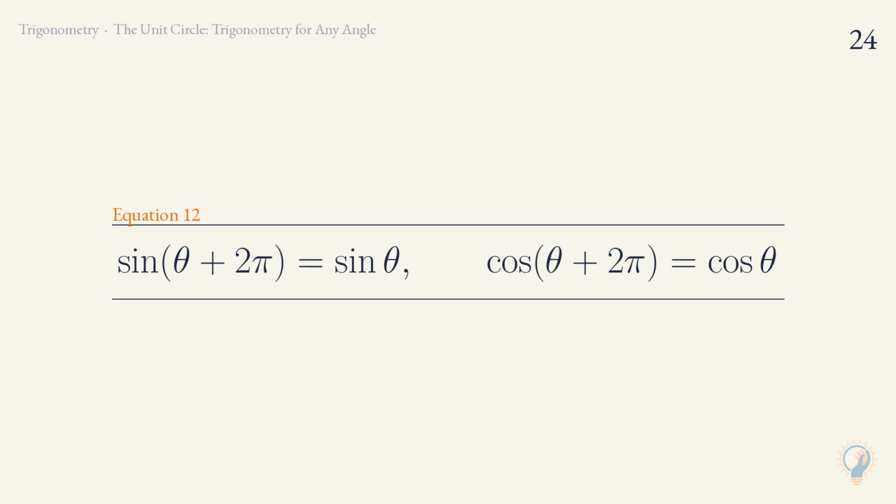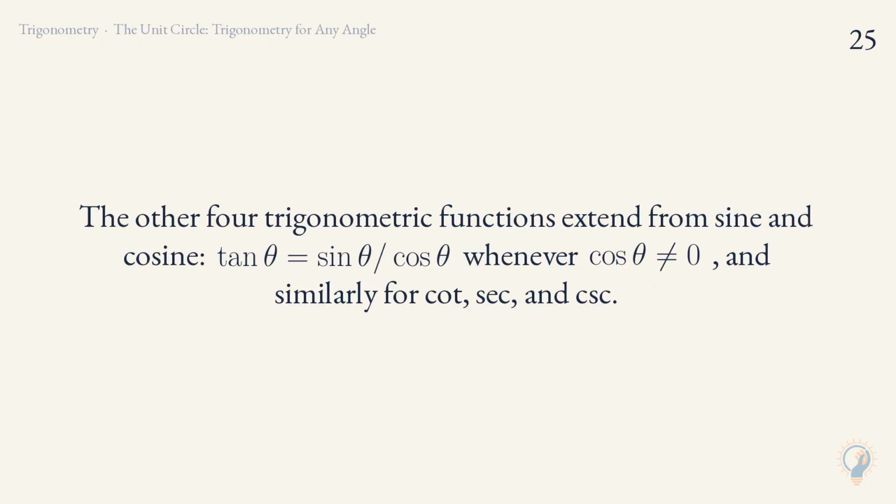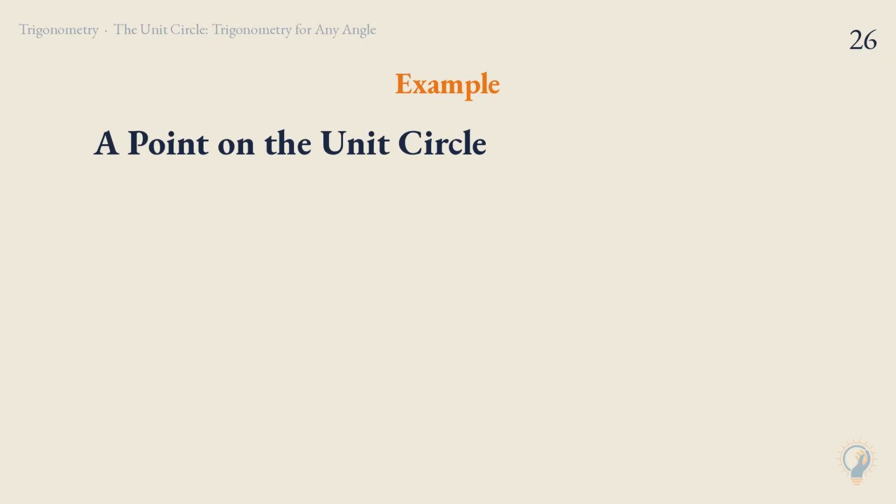Both functions have period 2 pi, the mathematical fingerprint of everything that repeats. The other four trigonometric functions extend from sine and cosine. Tangent theta equals sine theta over cosine theta, whenever cosine theta is not 0, and similarly for cotangent, secant, and cosecant.